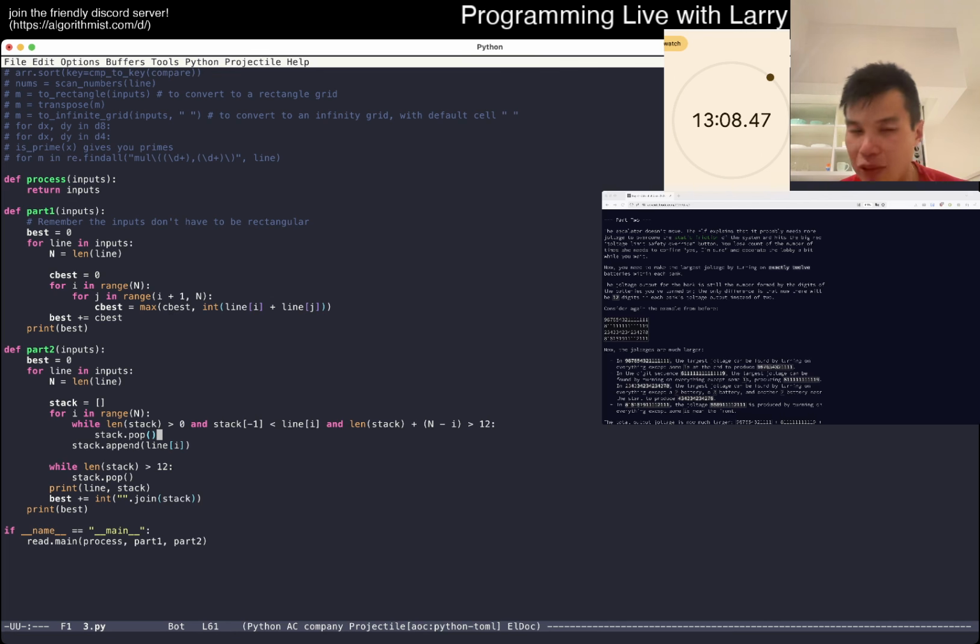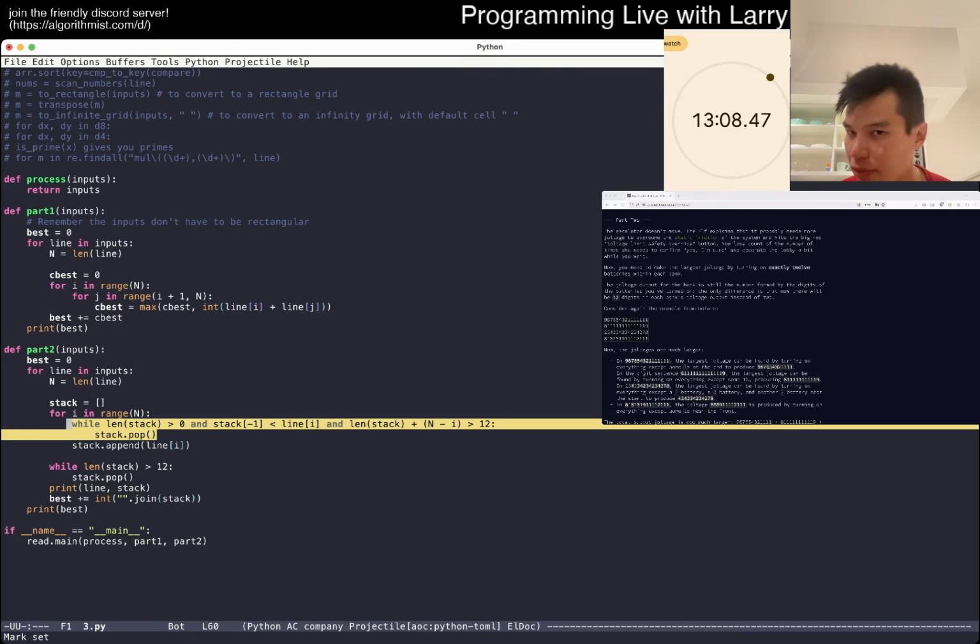It may not look that way for some people because there's a for loop. But with this while loop, each item can only be popped once. That means this while loop will at most loop once per element, so this is going to be linear in aggregate.